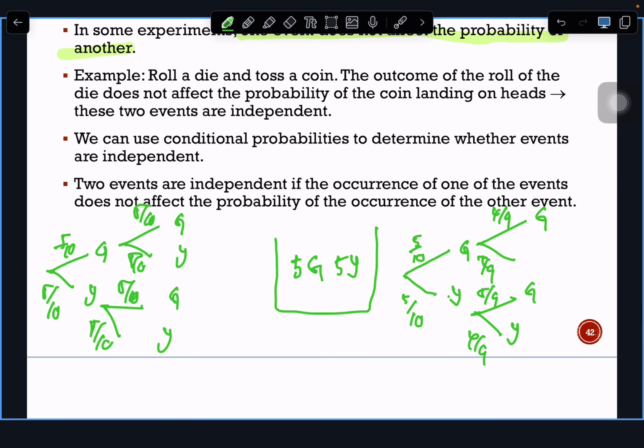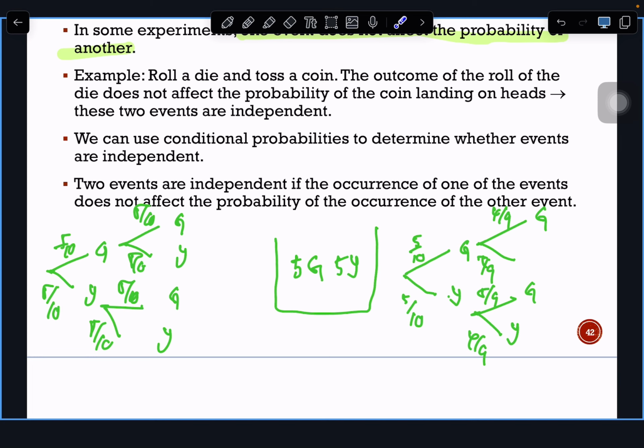What does it mean here? This one change or not? Basically it affects. This one change or not? No. If it does not affect the probability, then loosely speaking, we can say this one is independent.